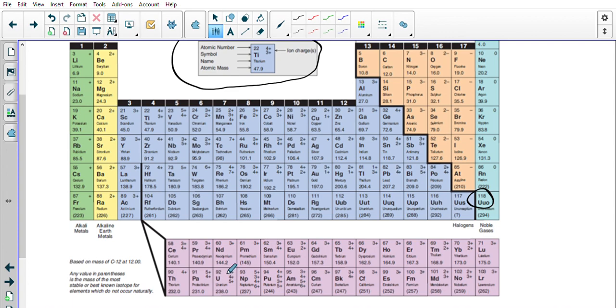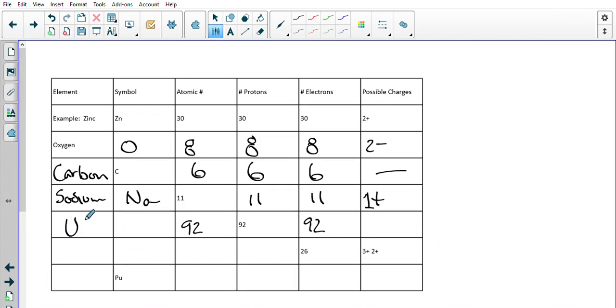Here's element number 92, uranium, 6, 4, and 5, 238. So we have uranium, 6, 4, and 5.